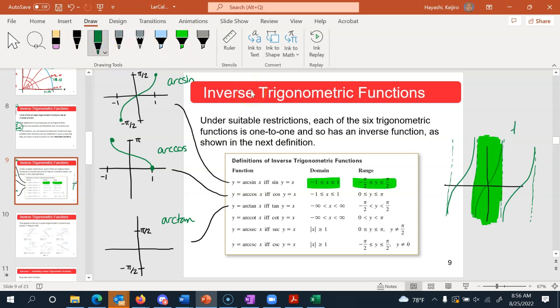Right, so this is tangent. And the range of tangent, well, those asymptotes clearly signify that it goes up on the right-hand side forever, and that it goes down on the left-hand side forever. So that's a range for the original function of negative infinity to infinity, which means that's going to be the domain of our arc tangent.